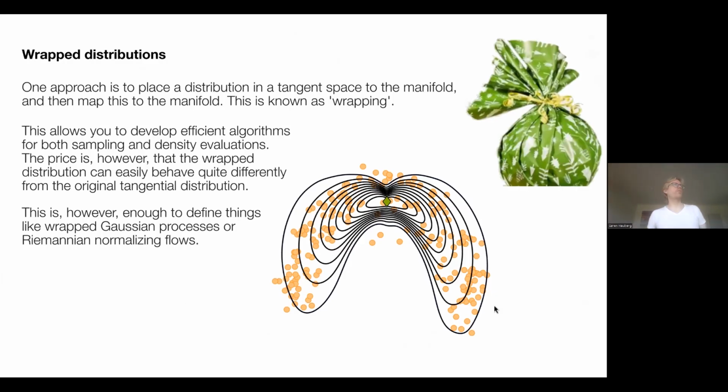A lot of properties are known about these distributions. We don't have expressions for their density, but we know how to sample from them. We have a lot of information about the density, but we just don't have an explicit expression for it.